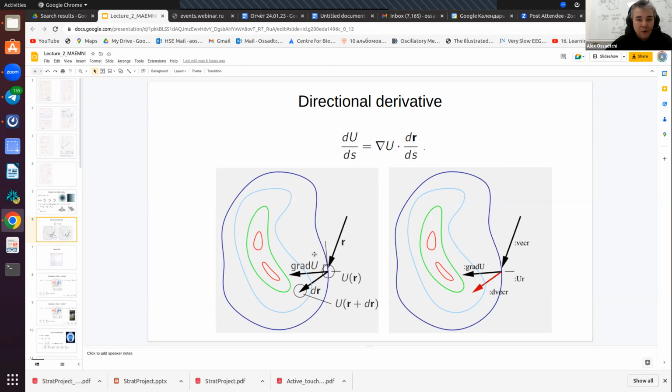So it's basically a scalar product of gradient with vector dr as long as vector dr is normalized. Okay, so that's just another application of projection, of the scalar product, which I think now should be trivial to you. So you basically take the scalar product of your gradient vector and your vector dr, and then see how it changes with respect to s, where s is displacement along vector dr.